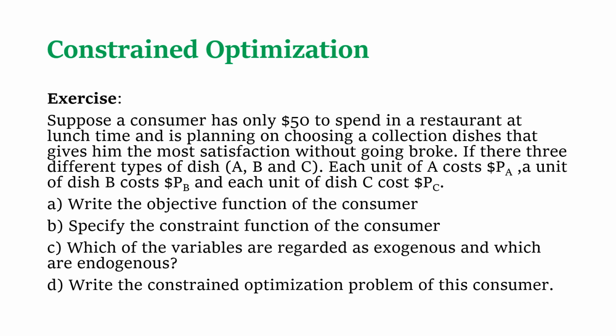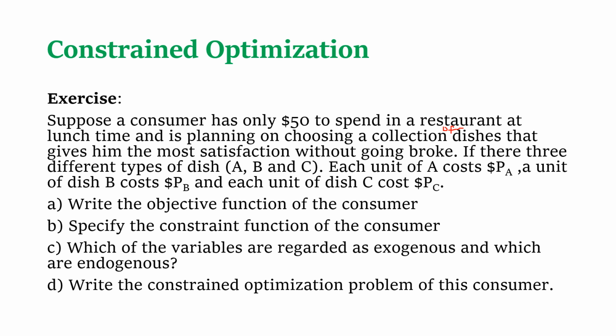Now, let's look at this example here. Suppose a consumer has only $50 to spend in a restaurant. That's the only amount you have. And you're planning on choosing a collection of dishes that gives him the most satisfaction without going broke.